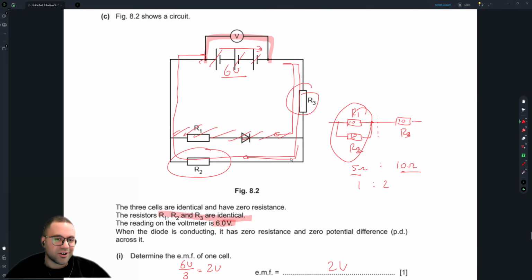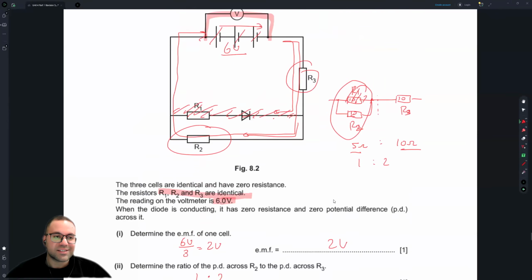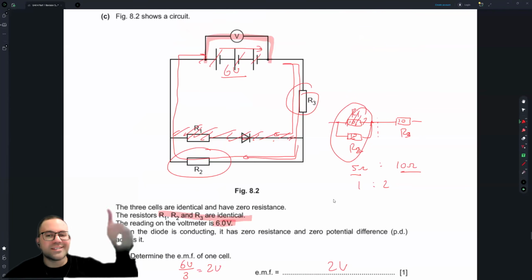In series. R1 doesn't exist now because the current can't go through it, right? Hey, wait a second. If R1 goes away, what happens to the total resistance? It was in parallel, now it's only in series.